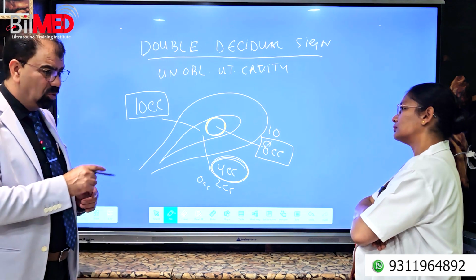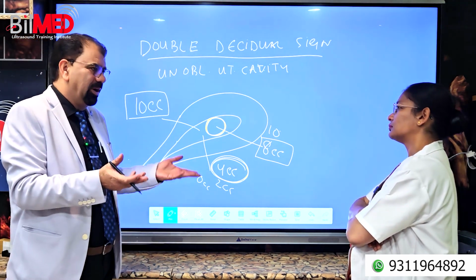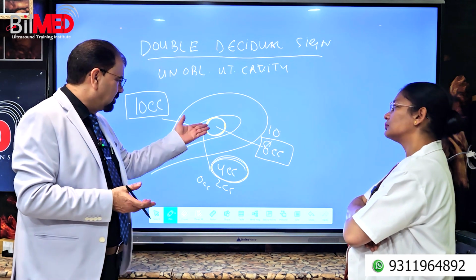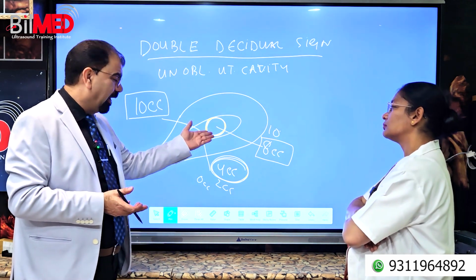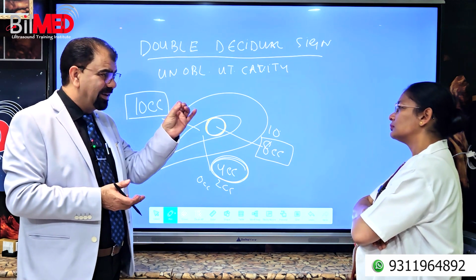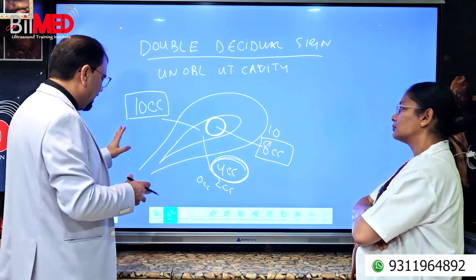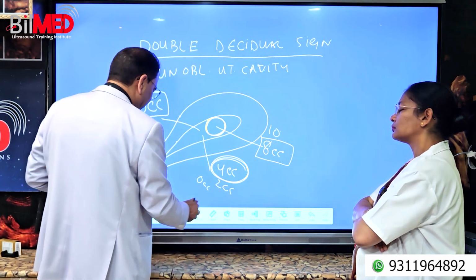But when you are dealing with an ectopic pregnancy, for example, you are here where the gestational sac is very small, I mean a very early pregnancy. Now, let me draw this the other way.